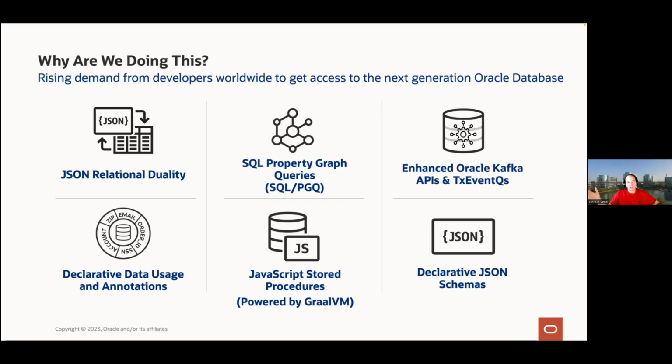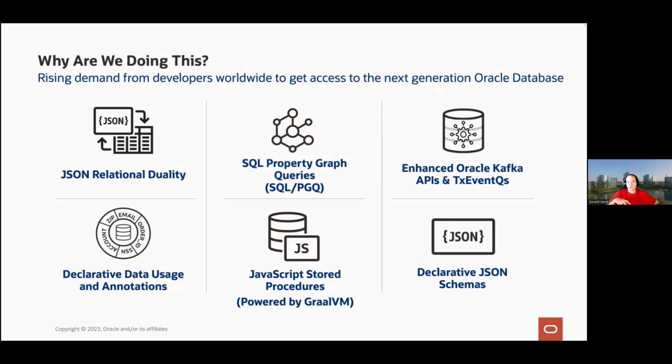Also, SQL property graph queries, the SQL PGQ addition to the SQL standard. We have enhanced Kafka APIs, so Oracle Database 23c is Kafka compatible, and also enhanced transactional event queues, the successor to AQs. So a lot has happened in the whole queuing space.